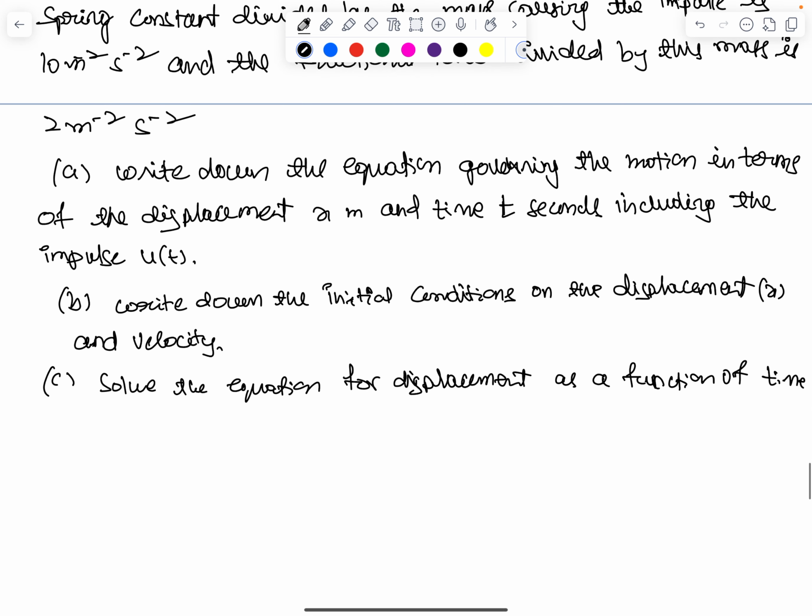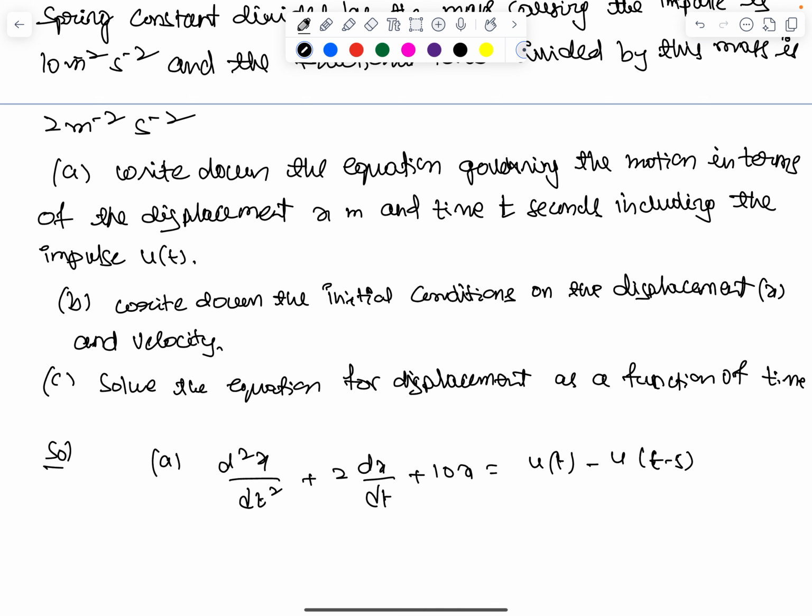So, if you write the differential equation, it is d square x by dt square plus 2 times dx by dt and plus 10x is equal to u of t minus 5. Therefore, this is only active for 5 seconds.